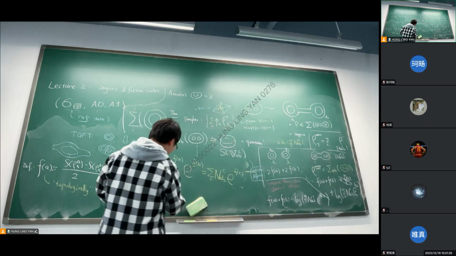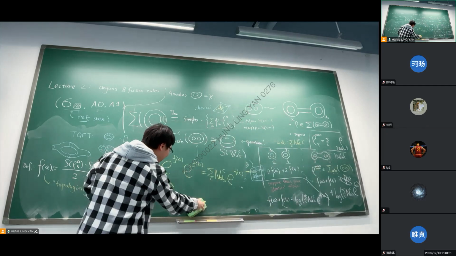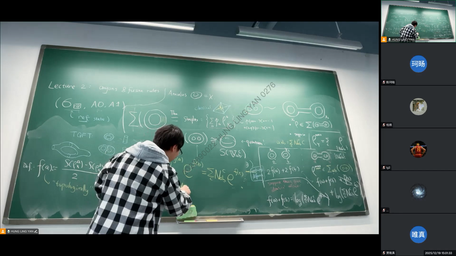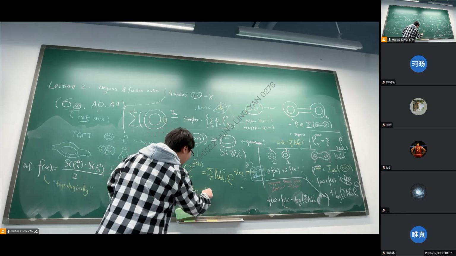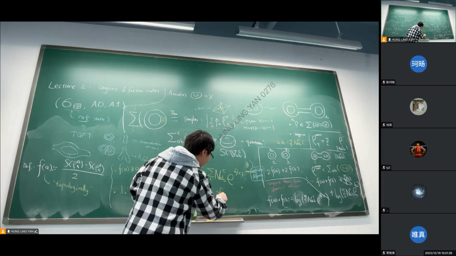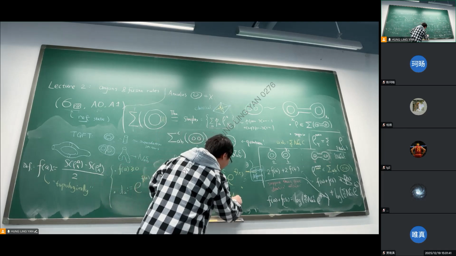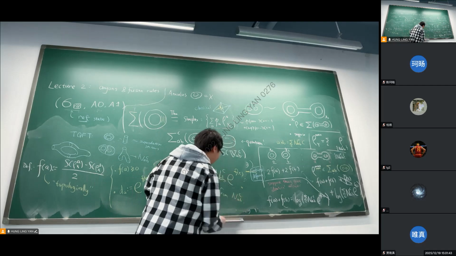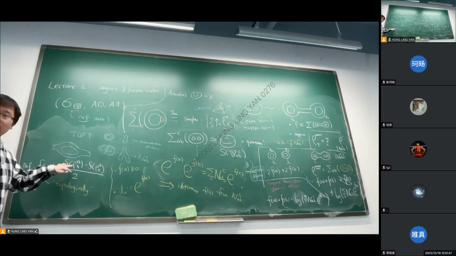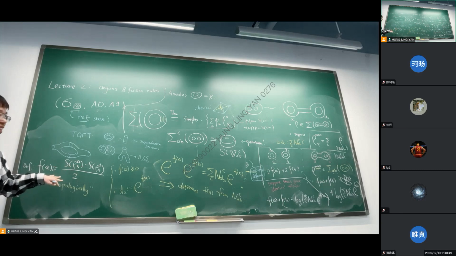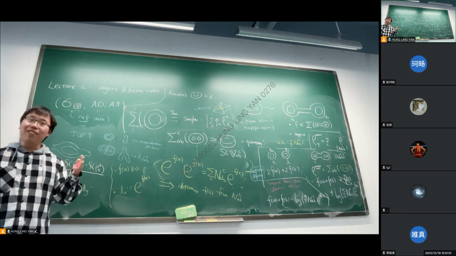So actually, this equation will determine F of A from N_ABC. The numbers that come from the entropy difference of the extreme point can be solved from some coherence.